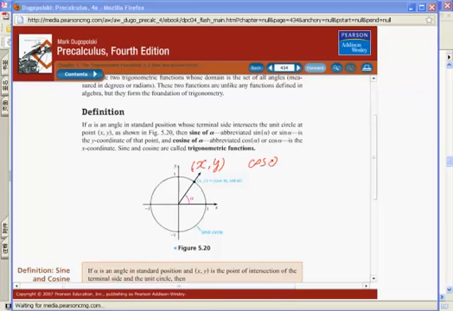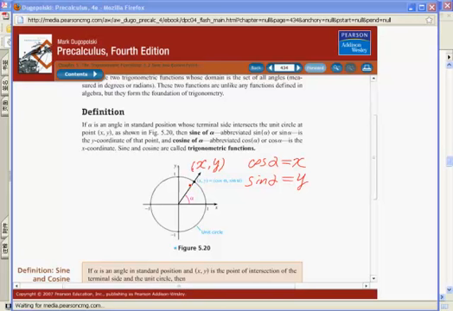Cosine of alpha is equal to the x coordinate of the point of intersection of this terminal side with the unit circle. And sine alpha is equal to the y coordinate of the point of intersection of this terminal side with the unit circle.